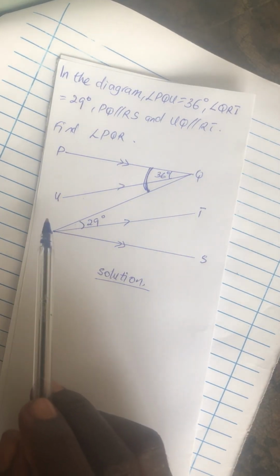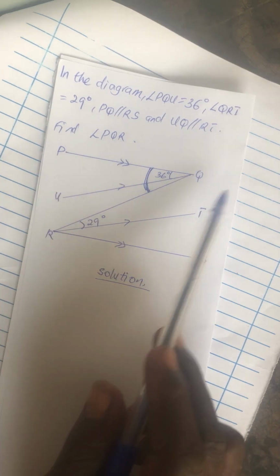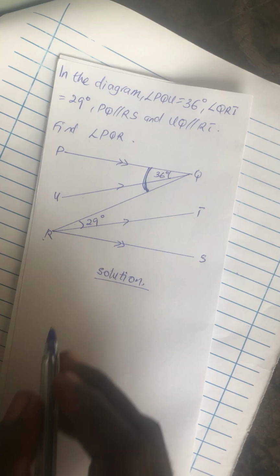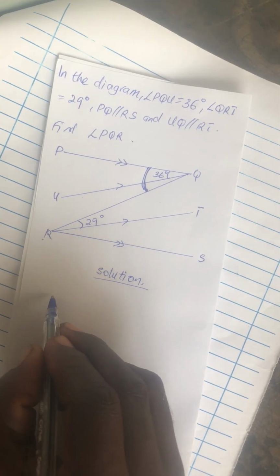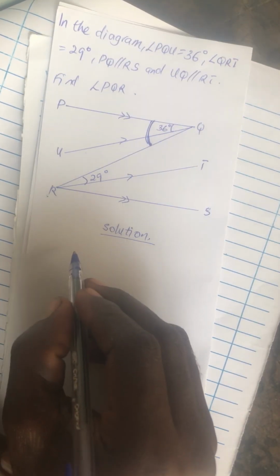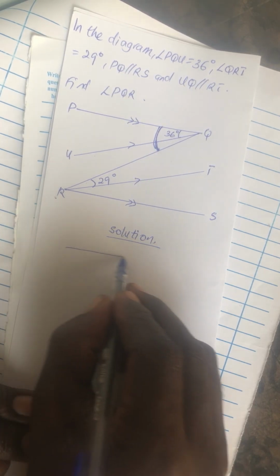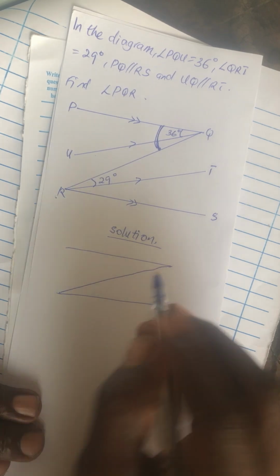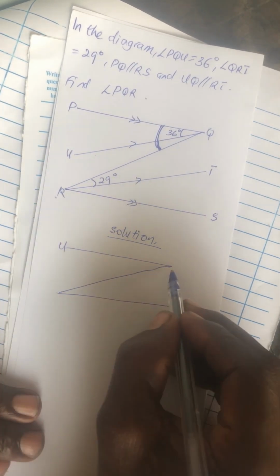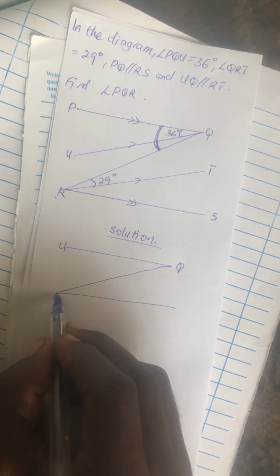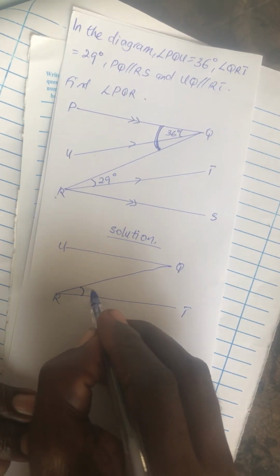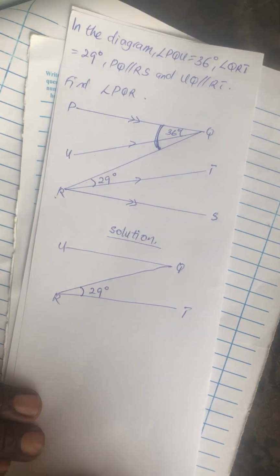Now let's consider line UQ and then line RT. From the question, they are parallel. So you can take this diagram here. UQ, RT, and here has been given as 29 degrees.